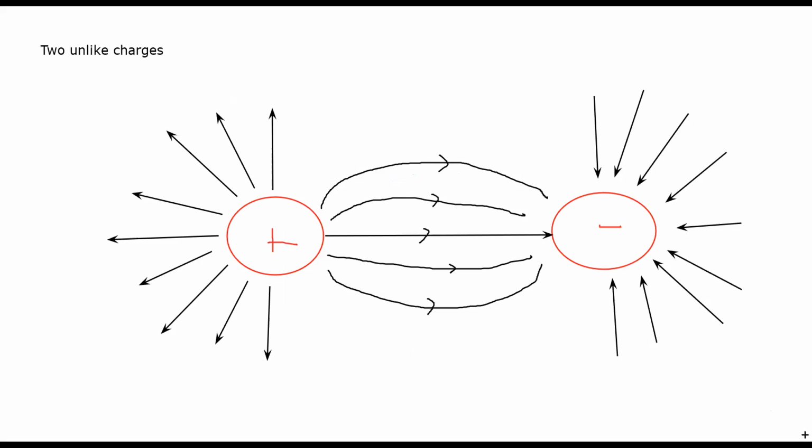And if two like charges or identical charges are there, the like charges repel, so they try to cancel out their electric fields. As they try to cancel out the electric field of each other, if you have this one as a positive and there's another positive, there will be a region where there is no electric field.